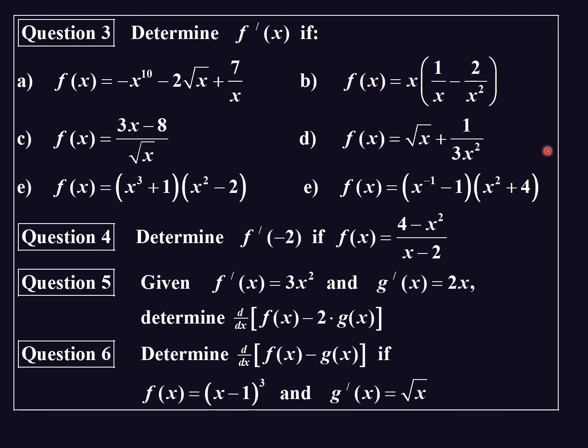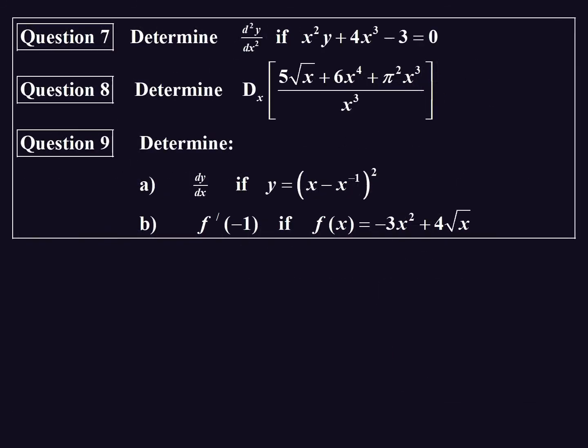Let's look at the third type. Here are questions where you have to apply your rules. You do not use first principles here. Expand that, get it in power form, and then you differentiate. The same here, you simplify, get it in power form, right? There we just use different notations, d dx, d dx. Here, just a little bit of a different notation.